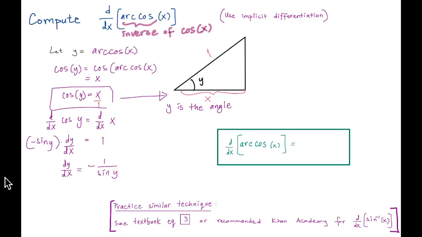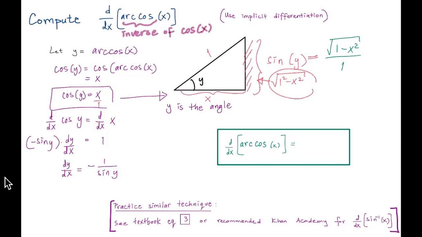And now I can say that this side here is equal to sine of the angle y. Using the Pythagorean theorem, this side is square root of 1 squared minus x squared. So sine of y is the opposite side, square root of 1 minus x squared, divided by the hypotenuse, which is 1.